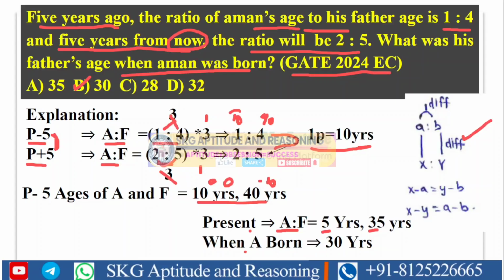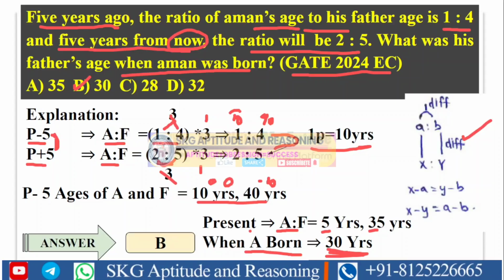But I need to find when Aman was born. So when Aman was born, the father's age will be 30 years. I hope you got the answer. The answer for this particular problem will be option B. And this was a very recent question which was asked in the GATE exam 2024 for electronics students.